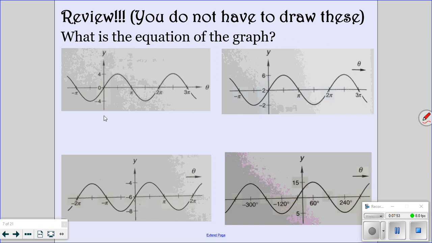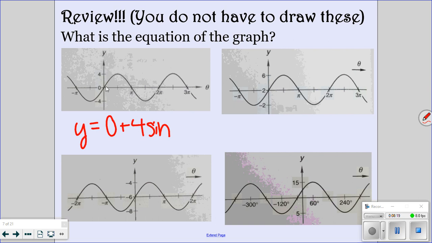First off, this one has a center line of 0. So you don't have to write the 0, but you can if you want to. Most of you probably wouldn't normally do it. From 0 to 4, to go up, how far is that? That's an amplitude of 4. And is this sine or cosine? If we're going through the origin, it's going to be sine.